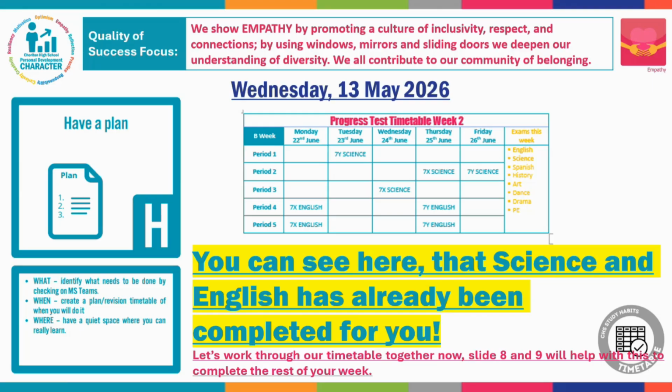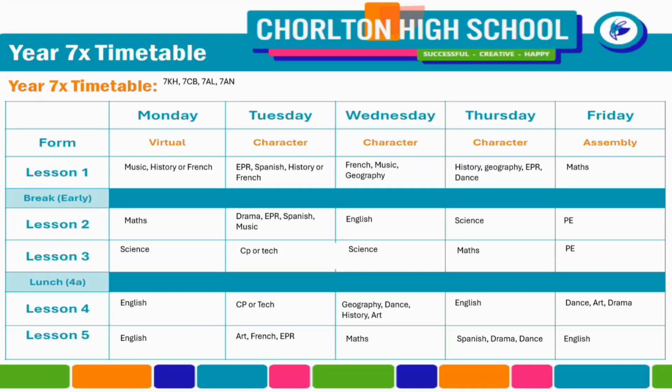The same for history. So when in that week would your history lesson take place? That is when your test will take place during that week. So let's just have a look. If you're in 7X, it could be Tuesday period 1. It could be Thursday period 1. So it could be Monday period 1.